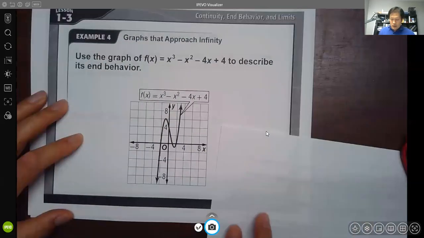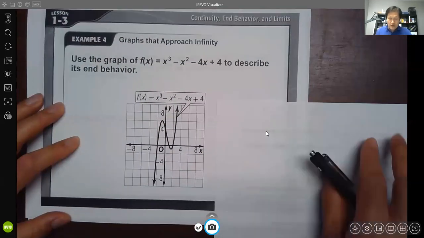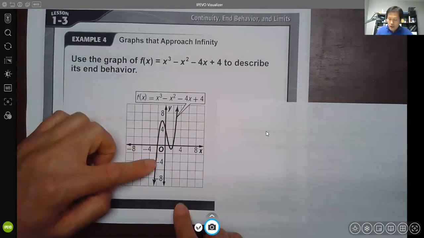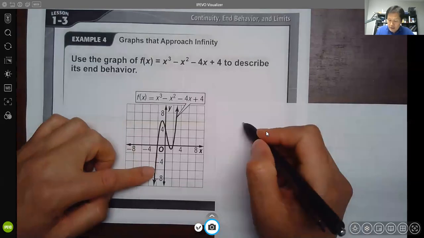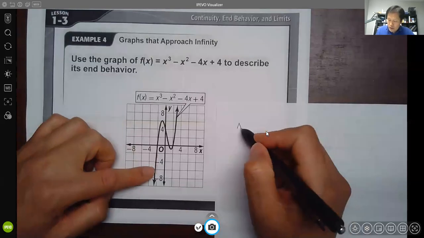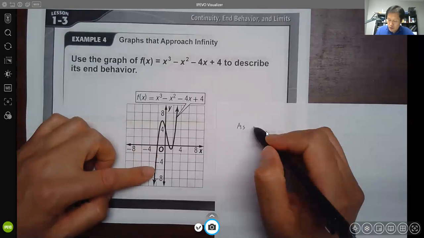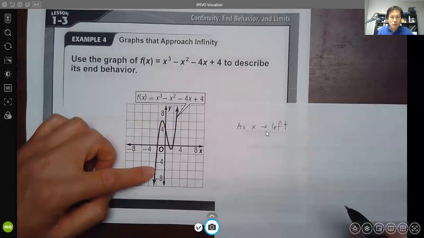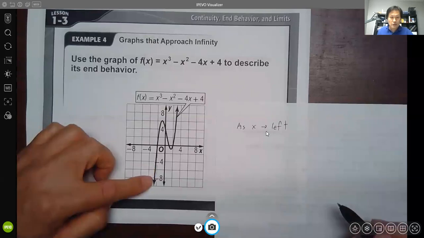So I will say, as x goes to the left, very far left, what happens to the y? Y is decreasing, right?